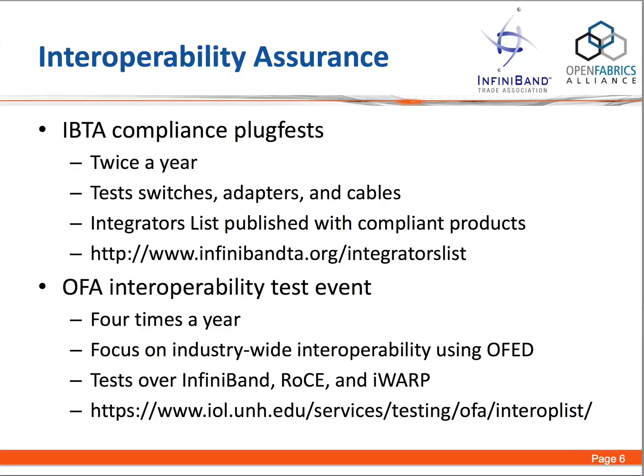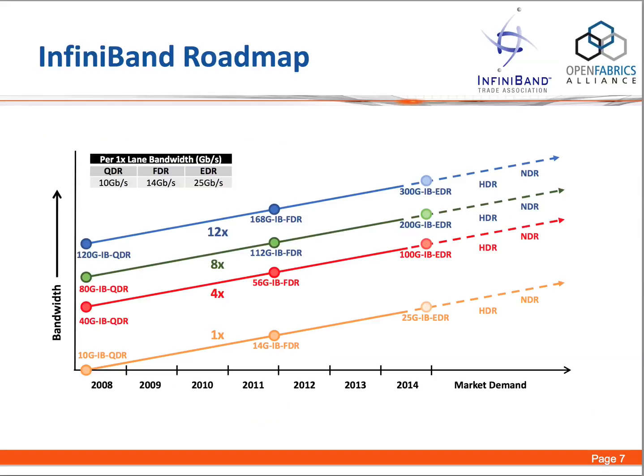Thanks. Slide 7, just to complete the discussion on the Infiniband specification. The IBTA has a roadmap continuously improving the speeds that transfer data between servers. Today, we're in full development and production of FDR, 56 gigabits per second for a typical server port.